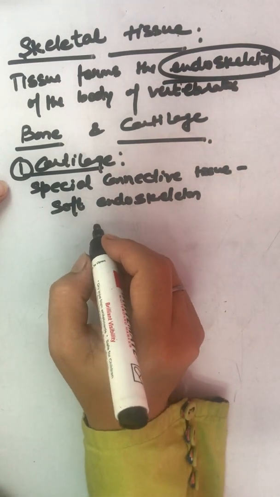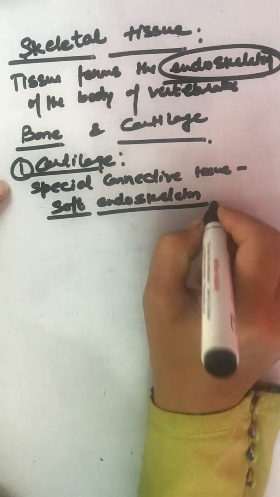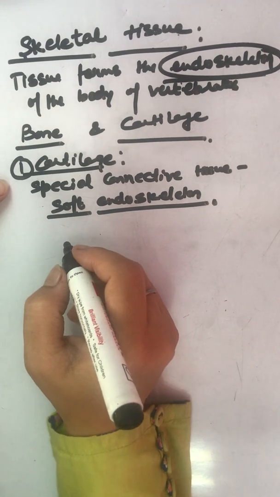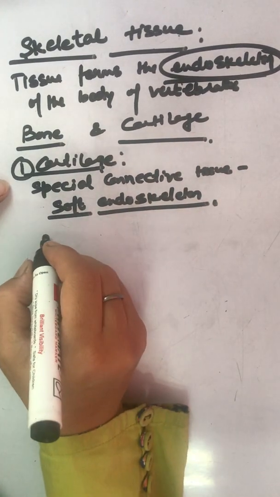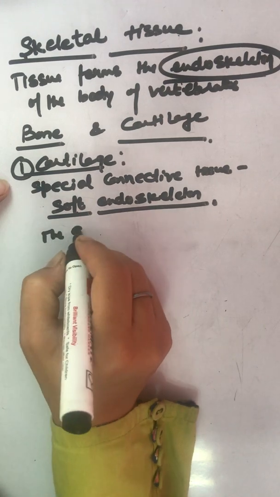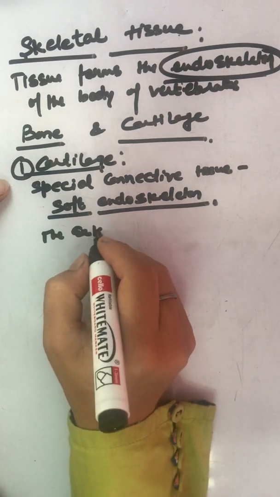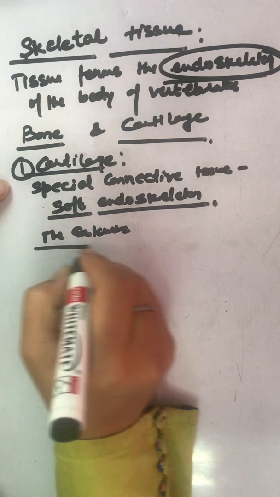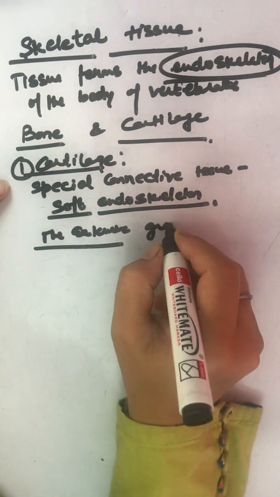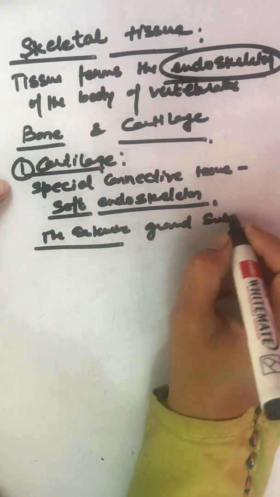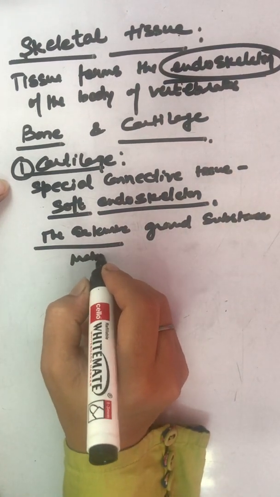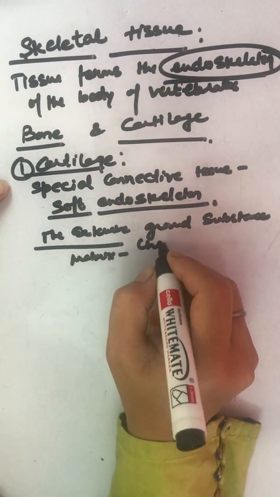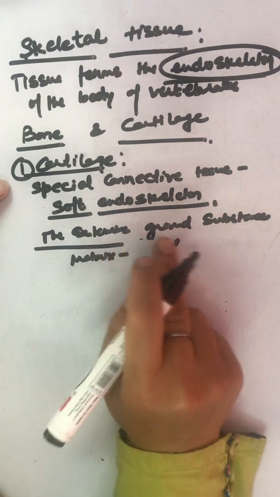Okay? It is basically giving rise to an extensive ground substance, meaning it makes our matrix. The extensive ground substance or matrix is known as chondrin.